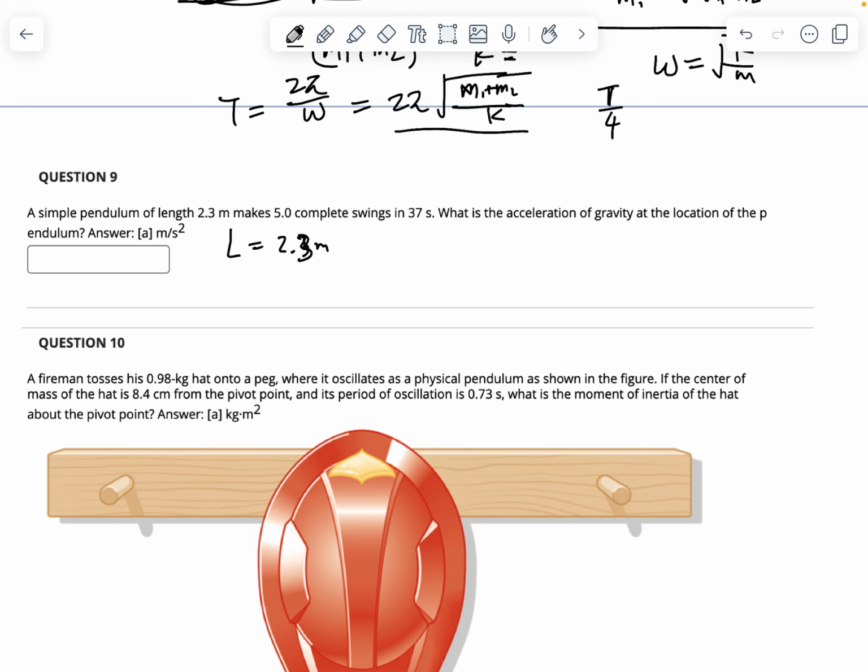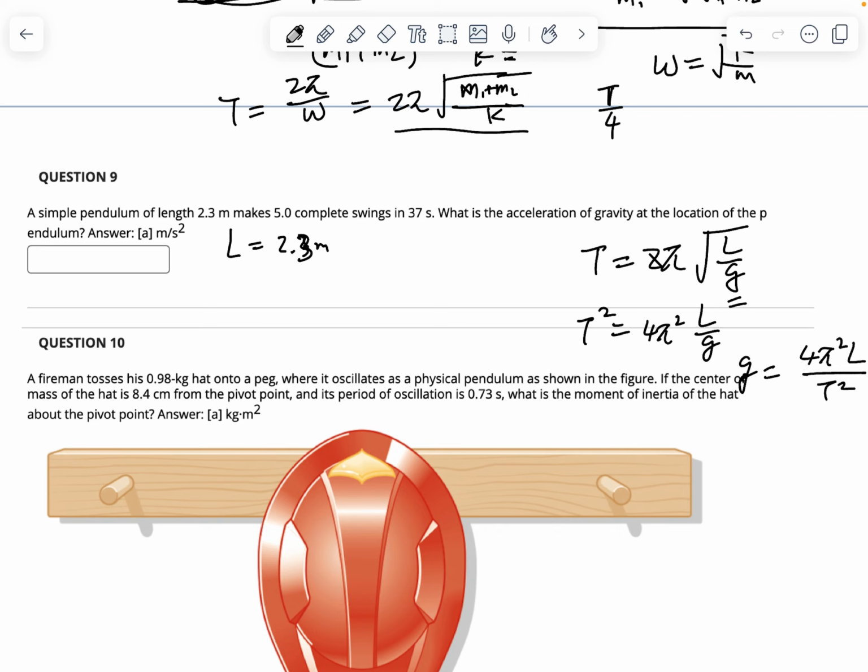All right, so for the pendulum, we know that the period equals 2 pi square root of L over G. They ask you about G, right? So we square both sides: T squared equals 4 pi squared L over G. So G equals 4 pi squared L over T squared, right?